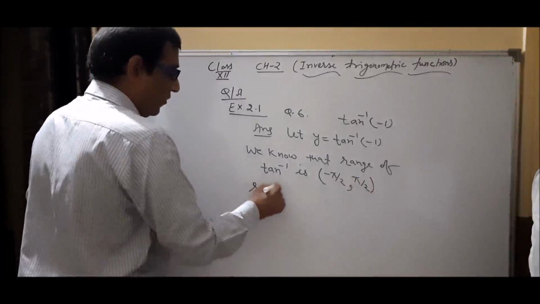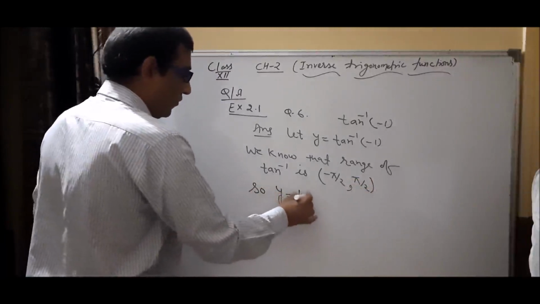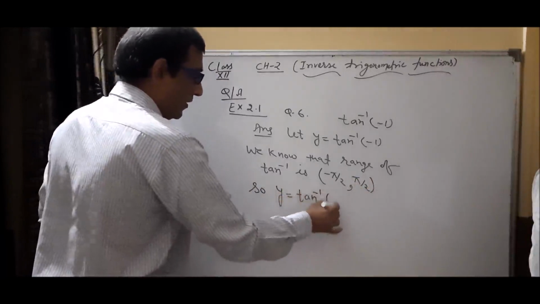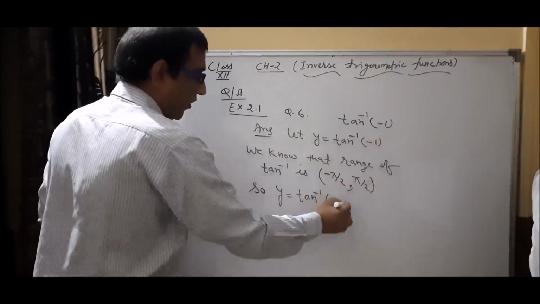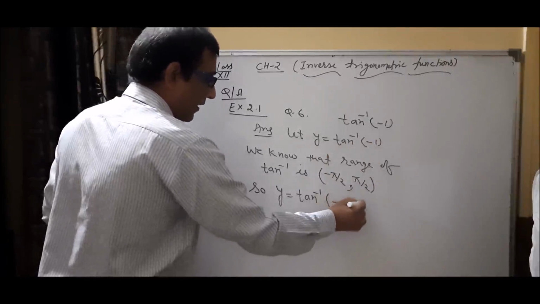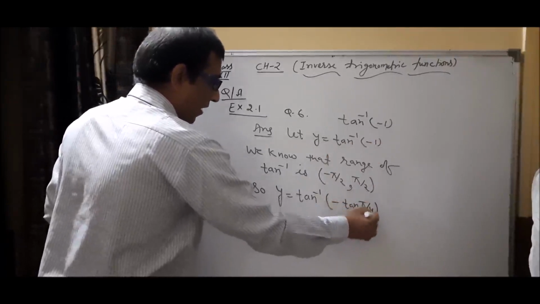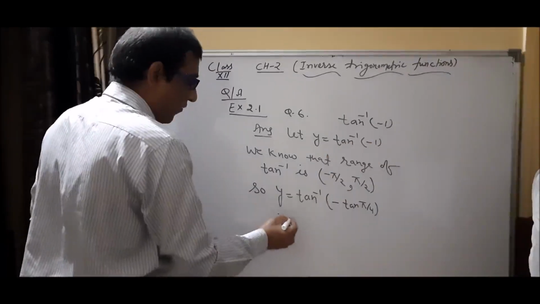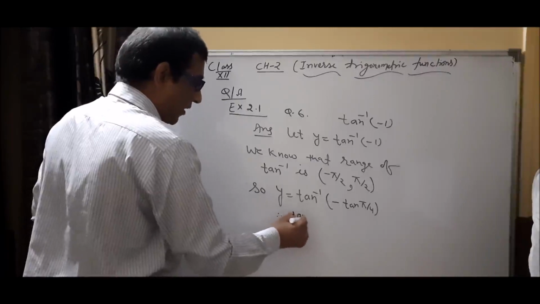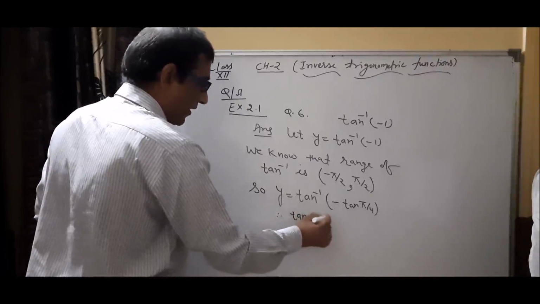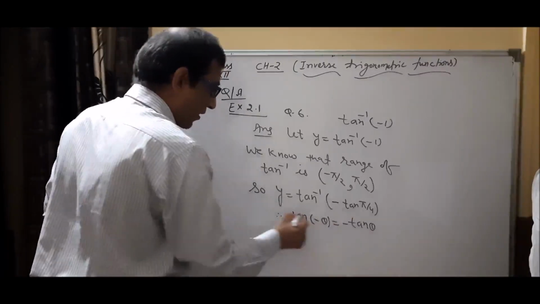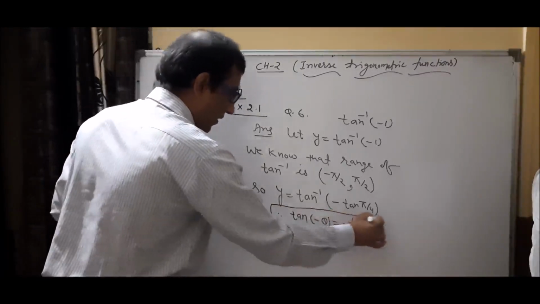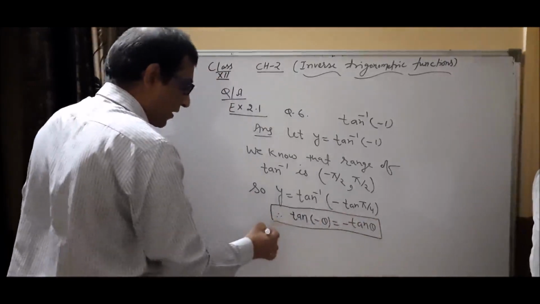So y equals tan inverse, the minus sign as it is, and in the table of tan, 1 is possible at tan pi by 4. But we know very well, as per the concept of quadrant, tan of minus theta can be written as minus tan theta. So the same concept we will apply here.